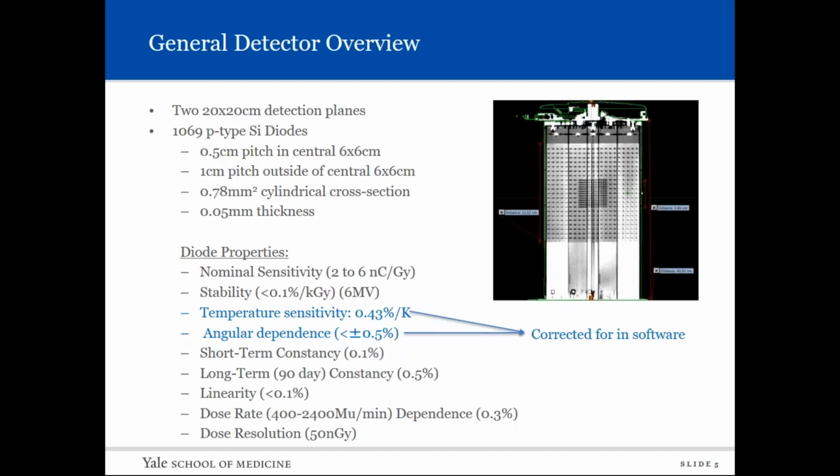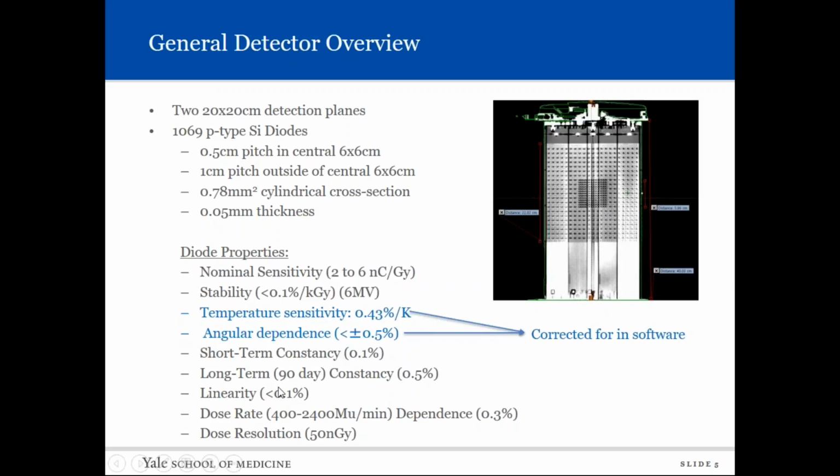Outside of that, there's a 10 millimeter resolution of the diodes. And you can actually increase this resolution in the middle by taking multiple measurements, and you can reconstruct down to a 2.5 millimeter resolution.